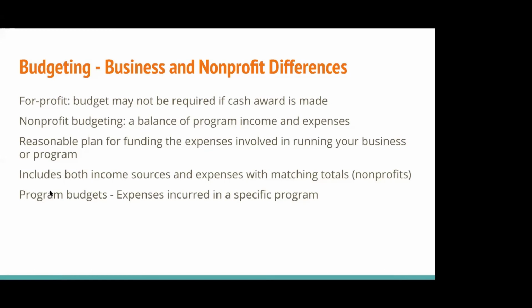We might just know how much we're spending for supplies for our entire business. But when you start writing grants, sometimes you may be asked to sort of tease out, okay, which expenses are just related to the program for which you're seeking money? And it's sort of a new way to look at spending. And this is where your accountant really comes in handy because they know how to track all this stuff.